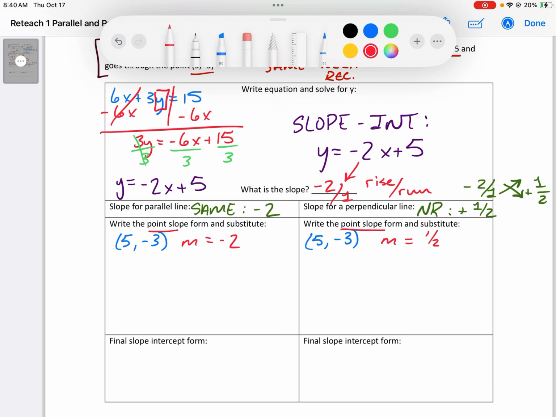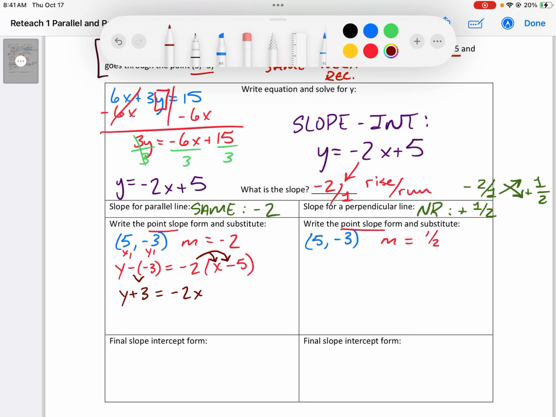Excuse me. So now I'm going to use point slope form, and that is going to be y minus y1, so y minus -3 equals my slope, -2, times x minus x1, x minus 5. Now, if you remember from class, our goal for point slope form is to get a line into slope intercept form. And so first thing I'm going to do is get these signs straight. Subtracting a negative is the same thing as adding.